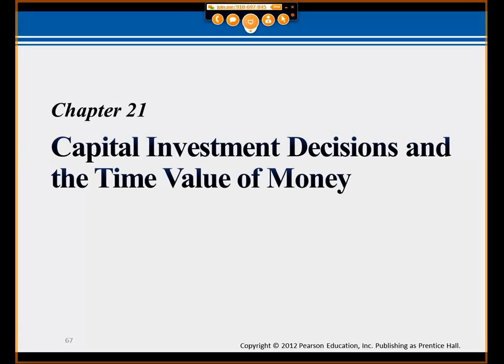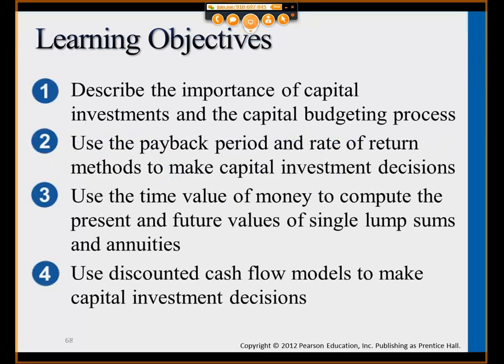Okay, so next chapter is capital investment decisions and the time value of money. Just a second. So we have the following objectives that we need to go over. We're going to describe the importance of capital investments and the capital budgeting process.